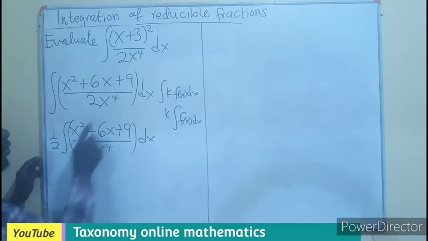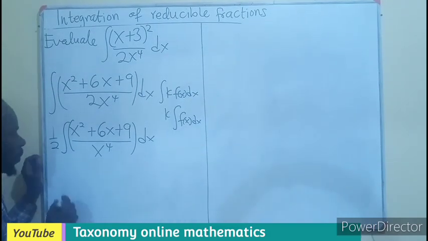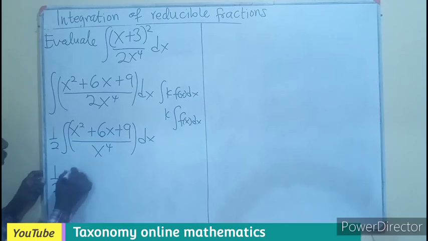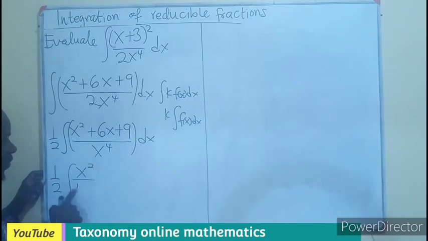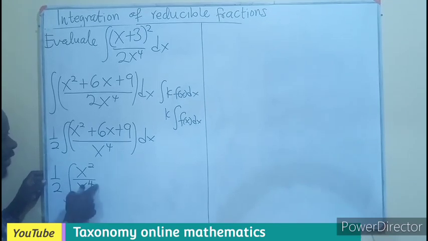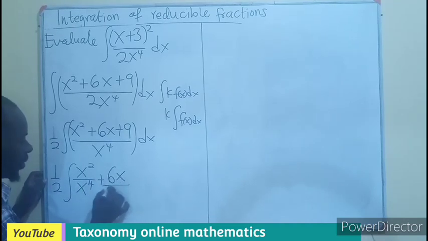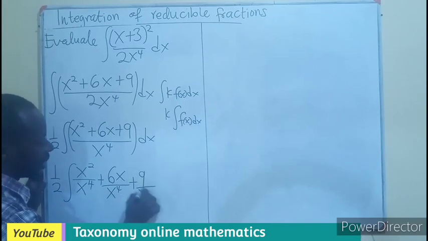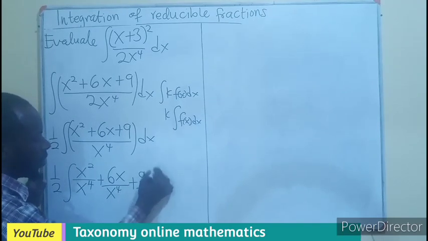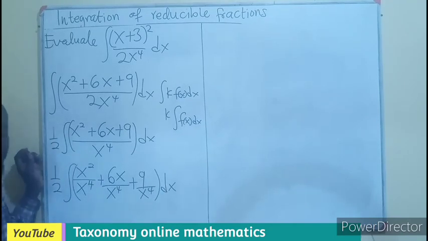So now we can do the reducible fraction, meaning dividing each of the terms. So 1 over 2 integral of x squared divided by x exponent 4, plus 6x over x exponent 4, plus 9 over x exponent 4, then we have our dx.